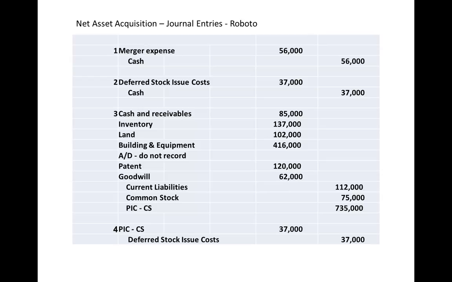I put that there intentionally to let you know, again, we buy assets at the fair value, not at the book value. And then we see a patent that was there, and then we record the goodwill that we purchased. And then the last thing we do is we're going to credit common stock, and that common stock is going to be 15,000 shares times the $5 par value. And the difference goes to paid in capital common stock.